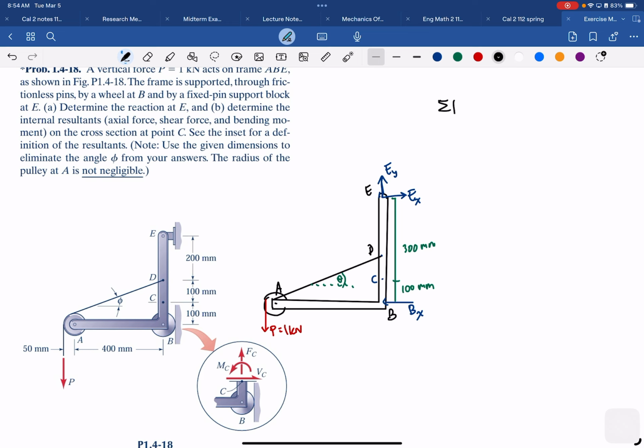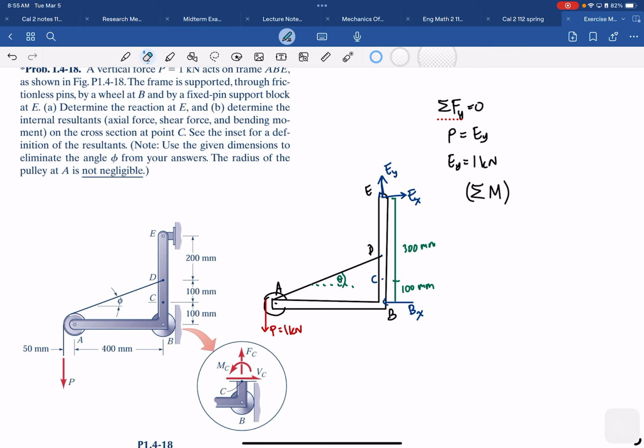So equilibrium, we can take all the, so P is equal EY, right? Or EY is 1 kilonewton. So we get EY. And then what else? I think we can go for the sigma moment directly. Sigma moment. And we would like to know the E, right?